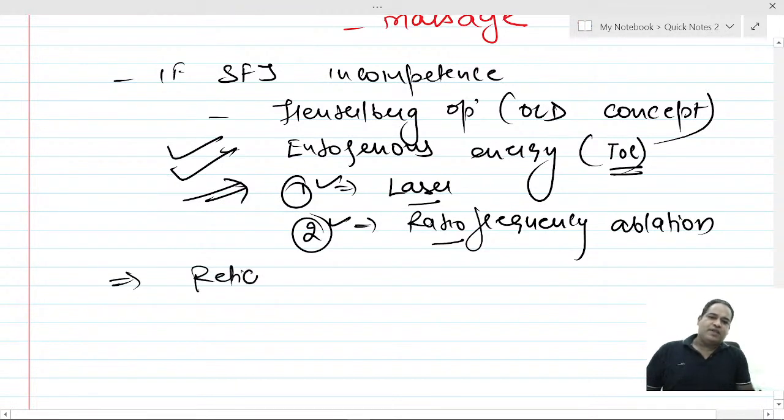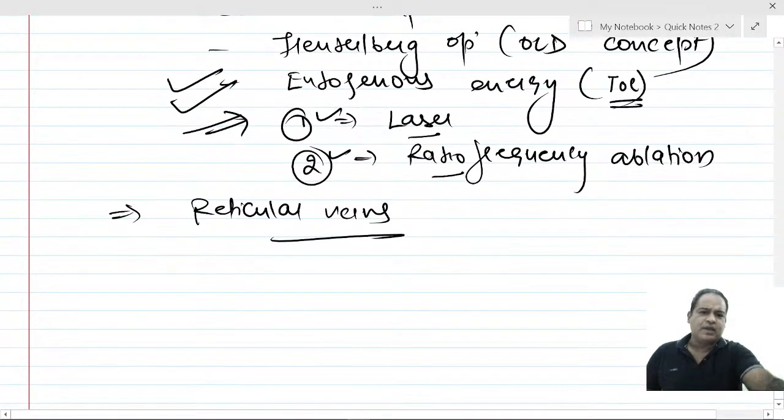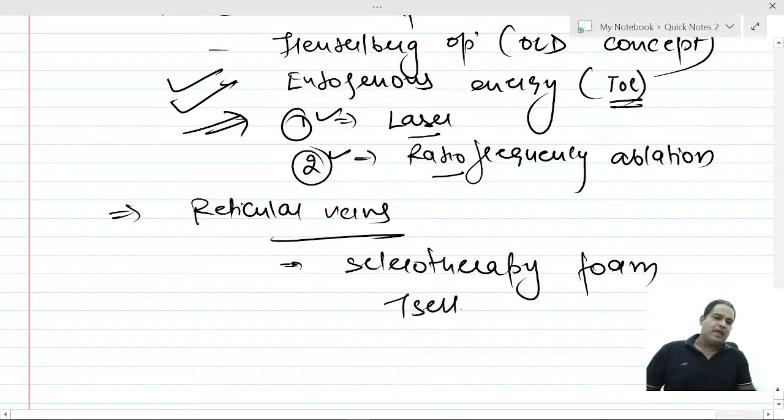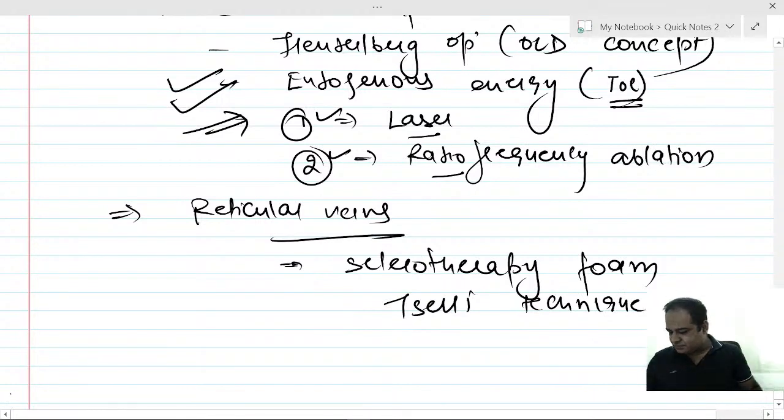For reticular veins, that means the small spider veins, the treatment is sclerotherapy using foam prepared by the Tessari technique. So that was the treatment for varicose veins.